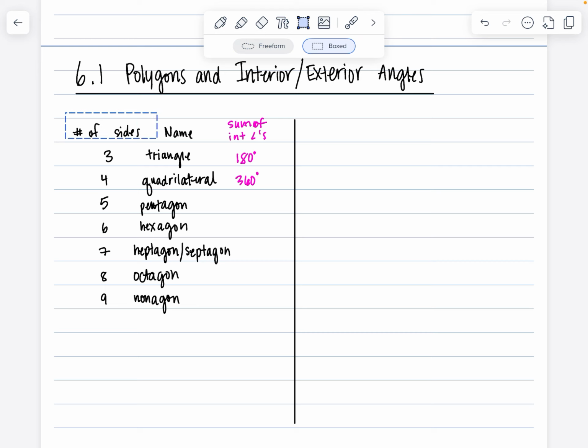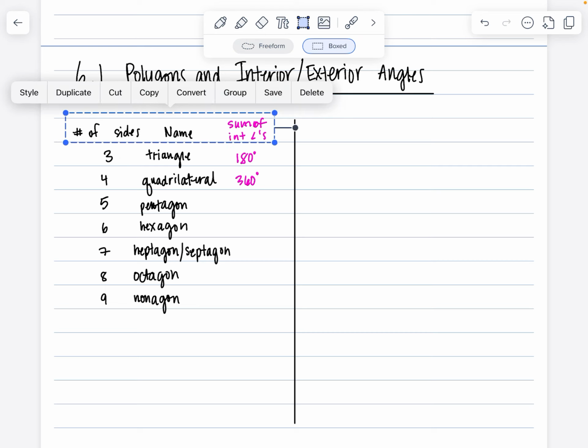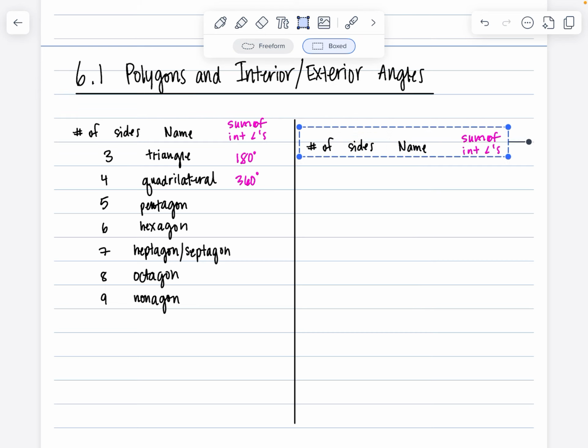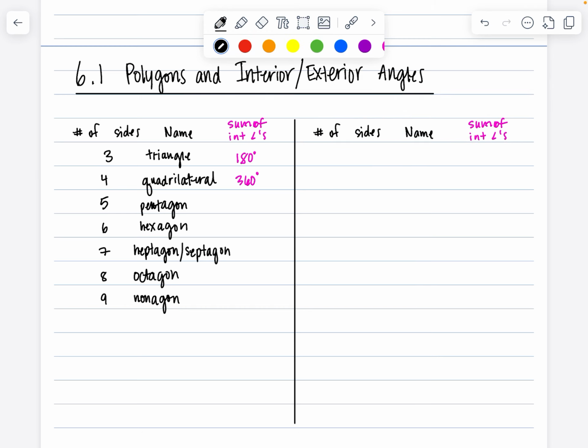Moving over to the other side, we're going to copy this over. It's going to be the same thing. Now we're going to go into a 10-sided shape. A 10-sided shape is a decagon, just like decade. For an 11-sided shape, we're going to skip because we're going to go to 12.